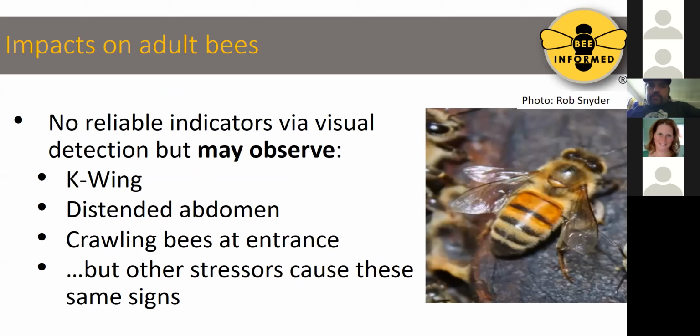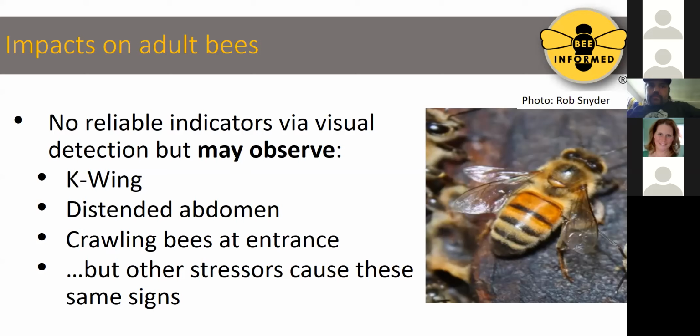As far as its impacts on the adult bees, it's tricky because there is no reliable visual indicator. Sometimes you hear reported K-wing, which came up earlier. This is where the bees have 2 pairs of wings, and in their resting position, like this bee on the right, its 2 sets of wings are splayed apart.